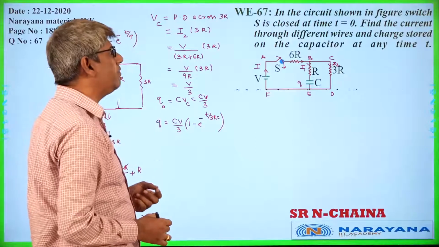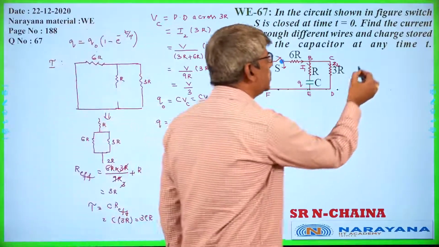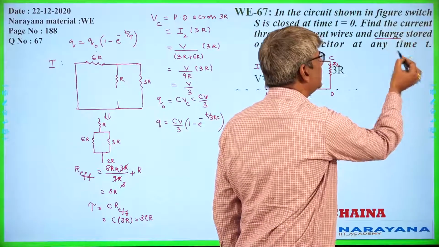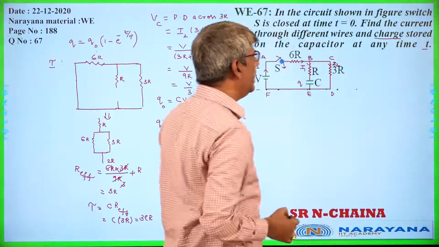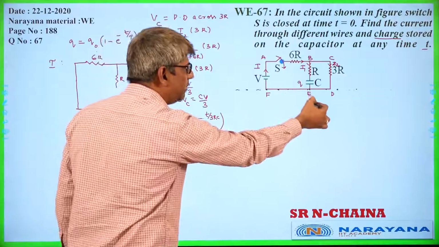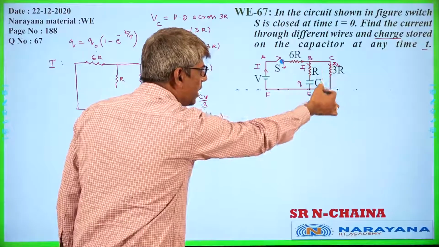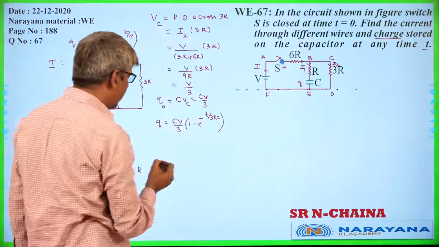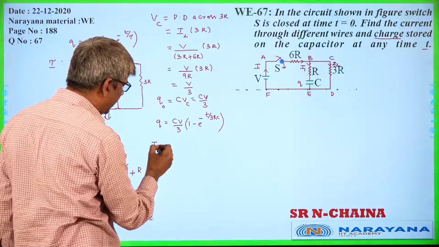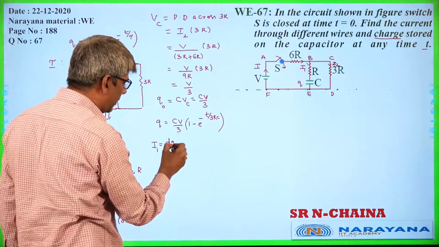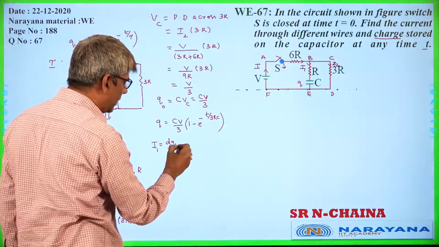This is one of the values asked: the charge stored, Q, at an instant of time t. Next it is asking for the current in these wires, the wire B and wire CD, that is, through R and 3R. First I am finding I1. I1 is the rate of change of charge, dq by dt.